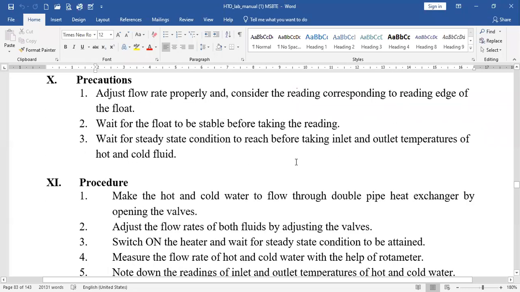Then what precautions should be taken before or while doing the experiment? Adjust the flow rate properly with the help of the rotameter, and consider the reading corresponding to the gauge of the flow. We have to adjust the rotameter for the cold fluid as well as for the hot fluid.